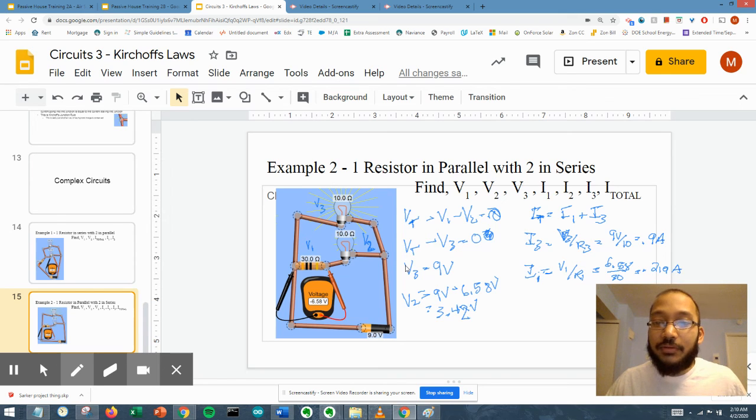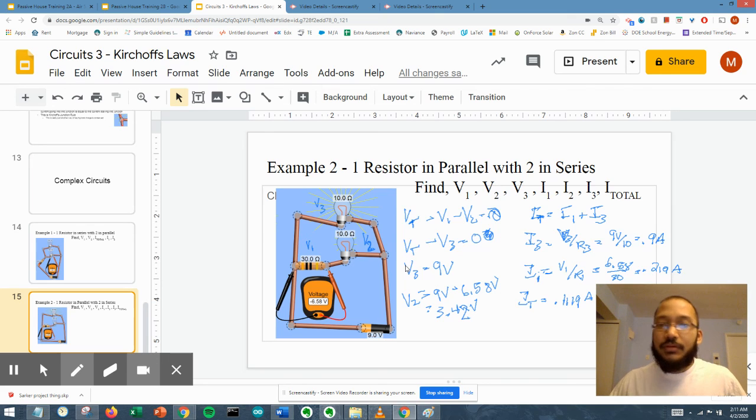And now how do I get the total? I add these two together because that's this branch. I total coming in, I1 going out, I3 going out. So if I add those two together, plus 0.9, I get 1.119 amps.